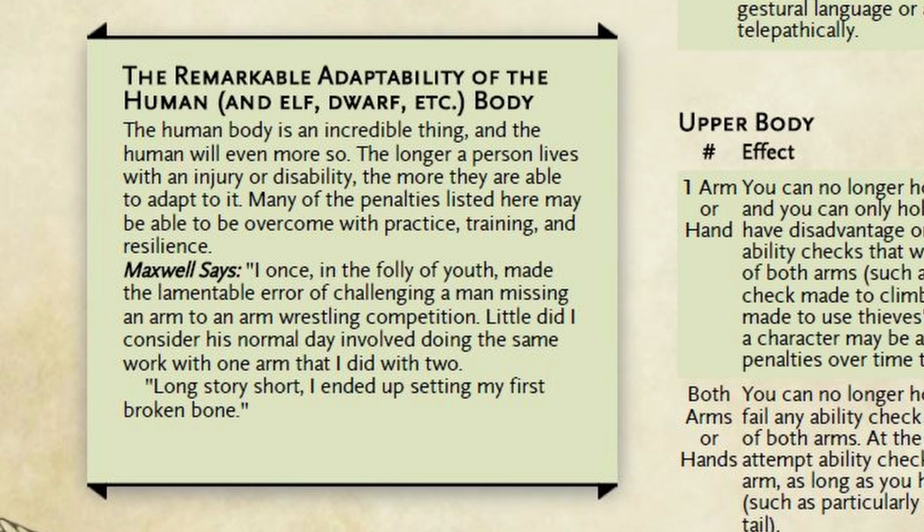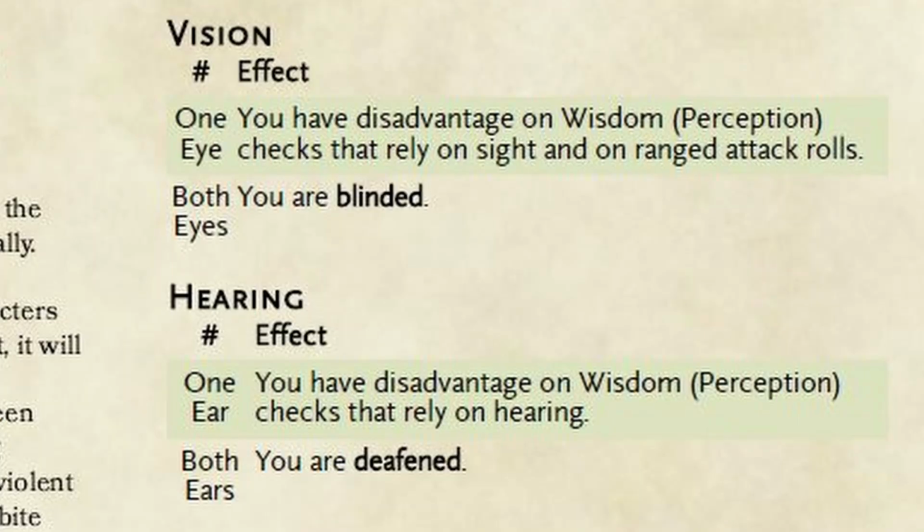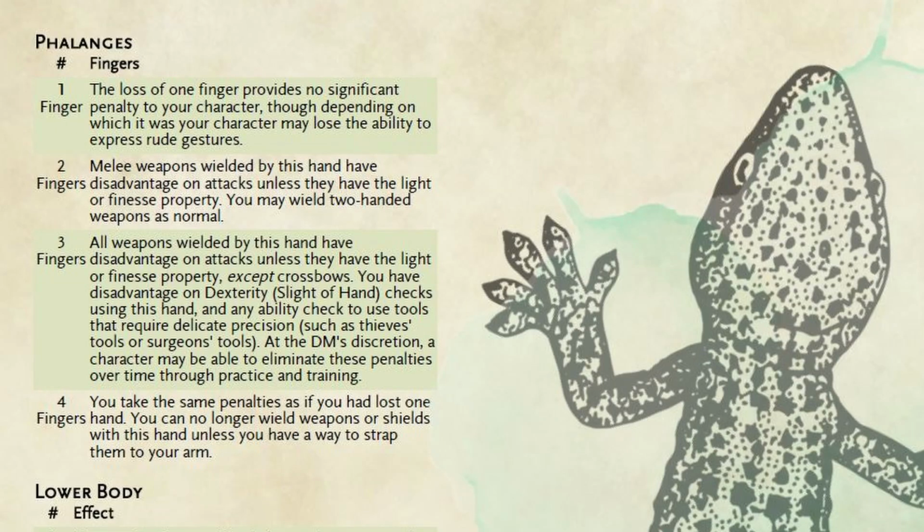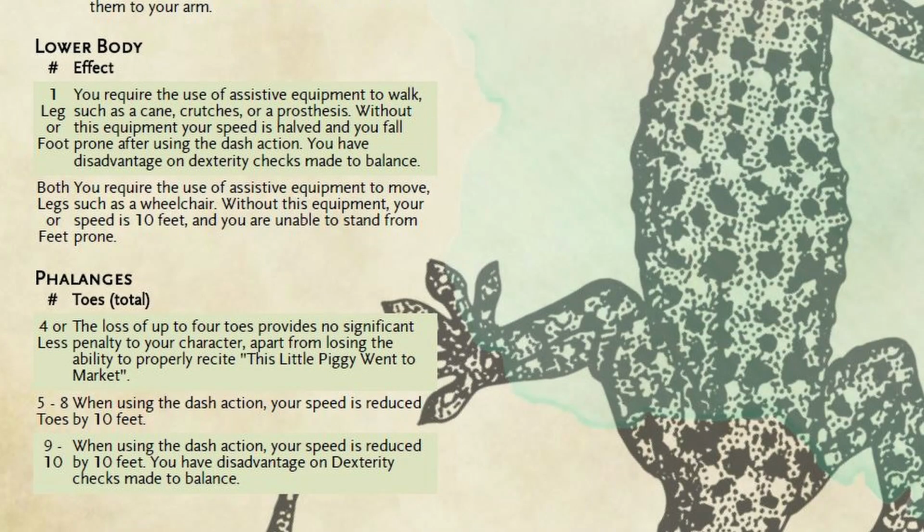And that's completely reasonable. You've got how it affects your vision and your hearing, and what mechanical effects it has. With hearing, you have disadvantage on wisdom perception checks, etc. Speaking, you cannot speak. It covers the phalanges, the fingers, and what happens when you have a reduced number of fingers, and your lower body, your toes.